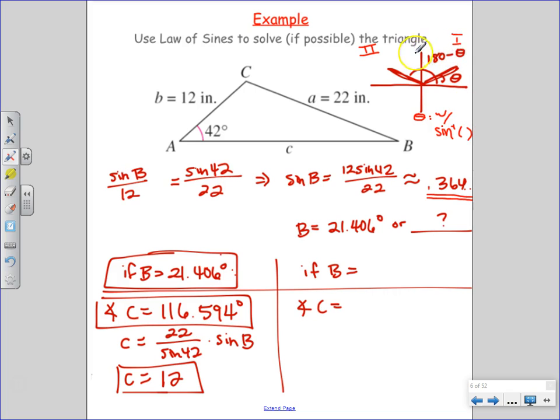But you also have to check, could there be another legal angle? Now, when you do 180 minus 21.406, what do you get? The other option would be 158 point, what was it?